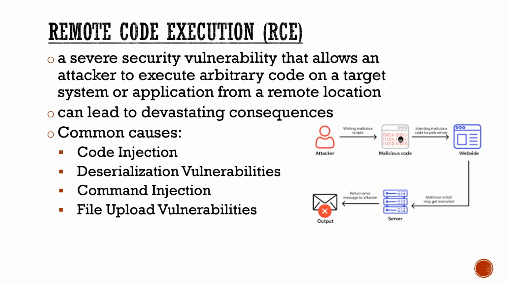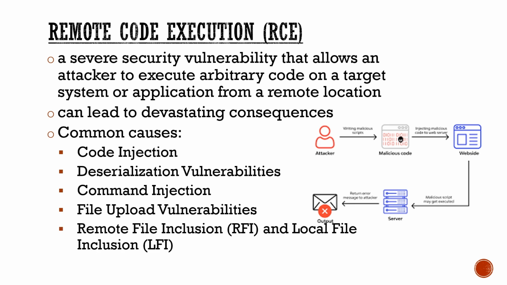Command injection, similar to code injection, occurs when an attacker injects malicious commands into an application that executes them on the underlying system. So if an application does not properly validate uploaded files, an attacker can upload a malicious file containing executable code that gets executed on the server.